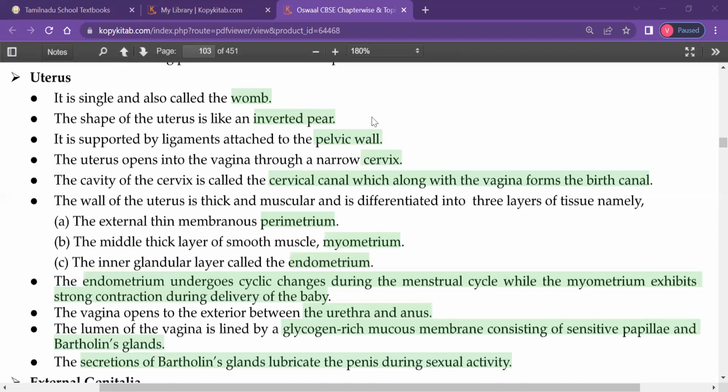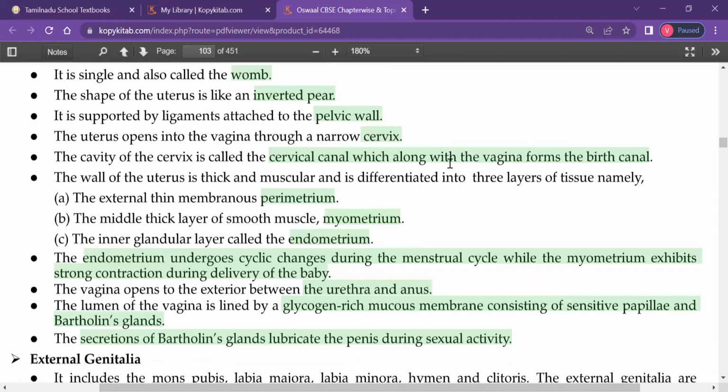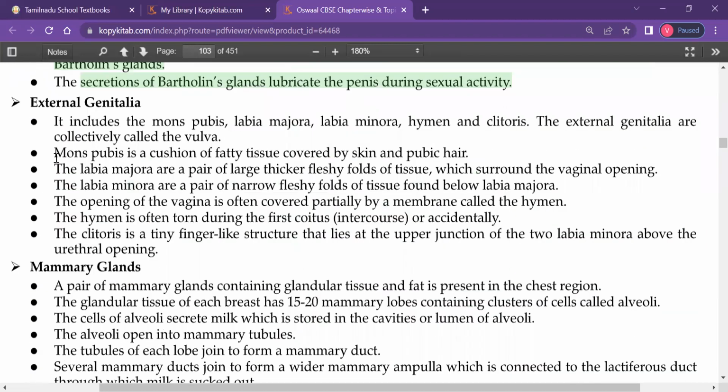All right. The next part is external genitalia. It includes the mons pubis, labia majora, labia minora, hymen and clitoris.